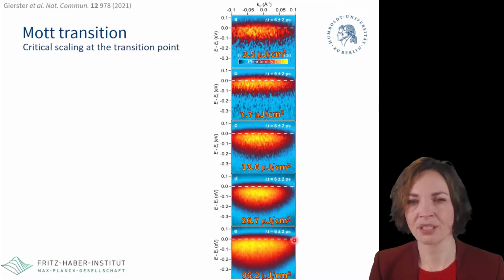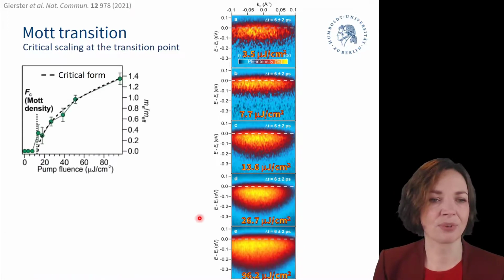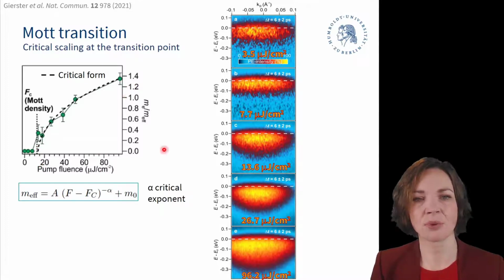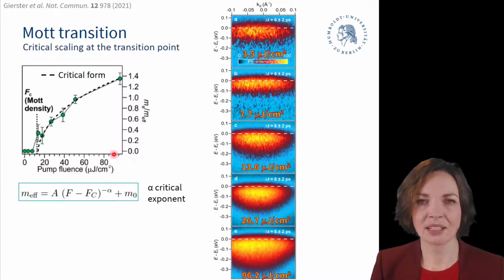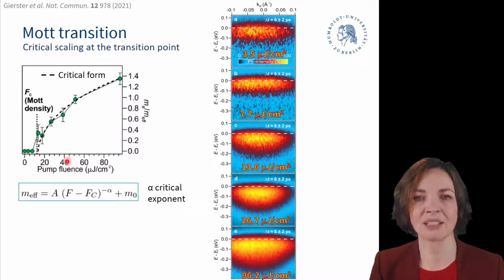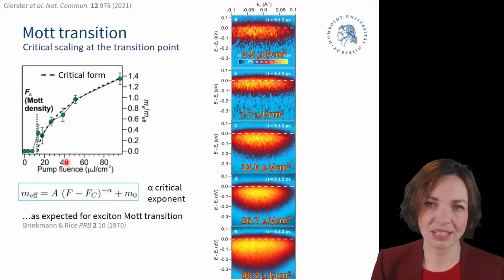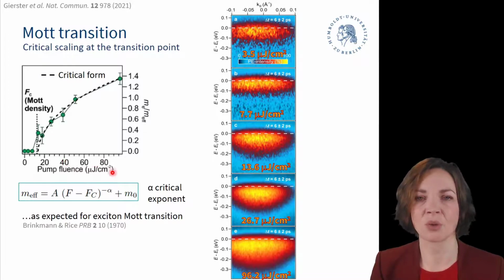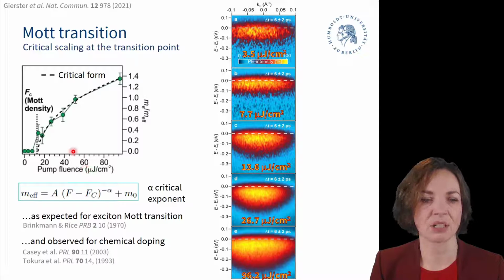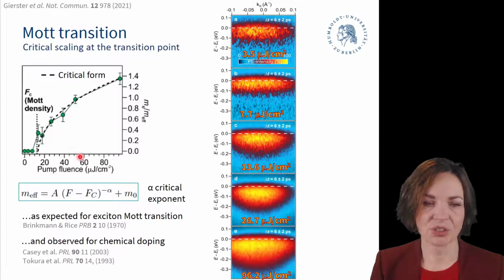We can plot again the inverse effective mass as a function of pump fluence and fit its behavior with a critical formula, because the effective mass is the order parameter of this semiconductor-to-metal transition, just as you would expect it for an exciton Mott transition and as it has been observed experimentally for chemically doped systems.